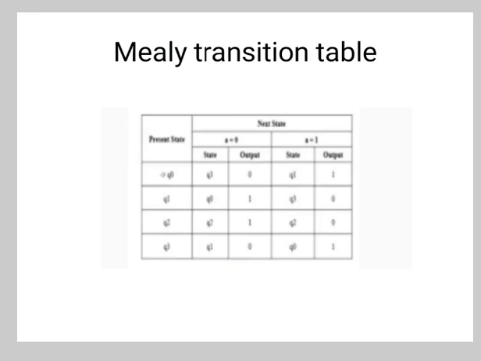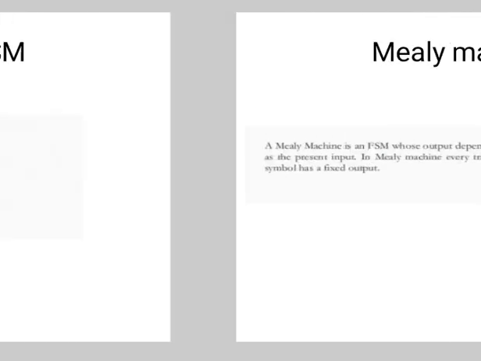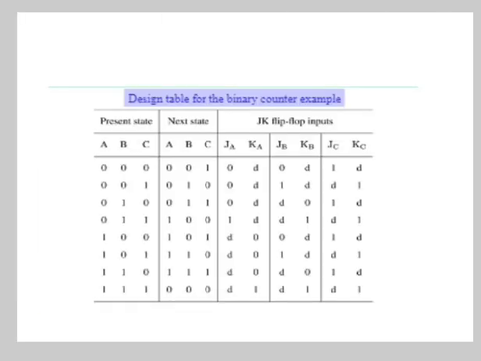The state table consists of first listing all possible binary combinations of present state and input. Then the next state values are determined from the logic diagram or from the state equation, and for each present state there are two possible next states and outputs depending on the value of the input.